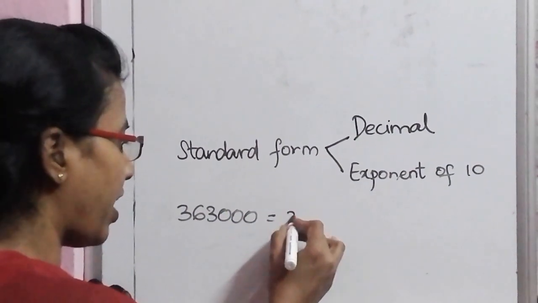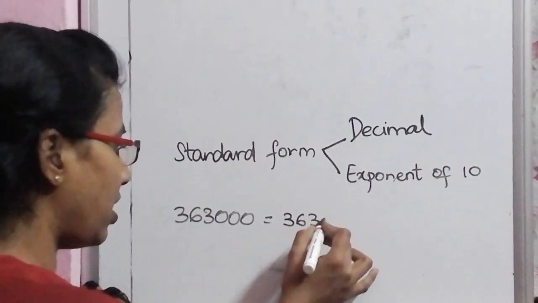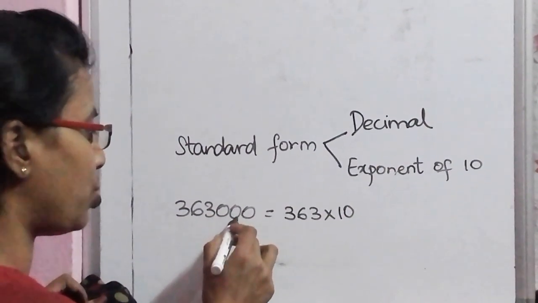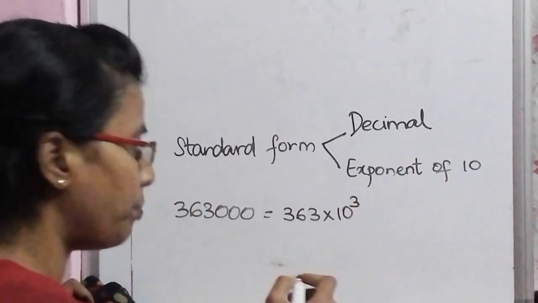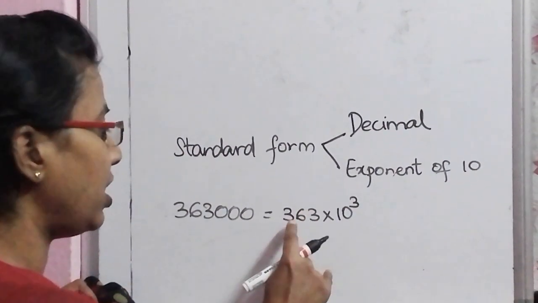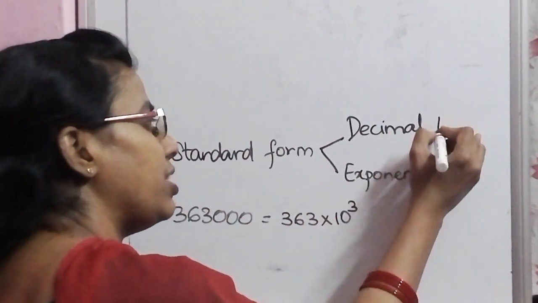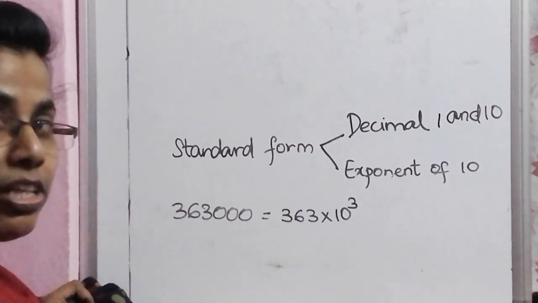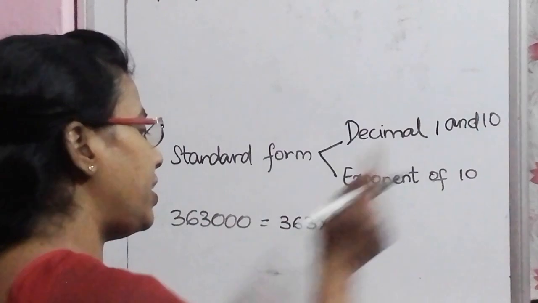You can write this as 363 into 10 to the power. How many zeros are there? 1, 2, 3. So 10 to the power 3. But here the decimal is going to be between 1 and 10. Decimal should be between 1 and 10.